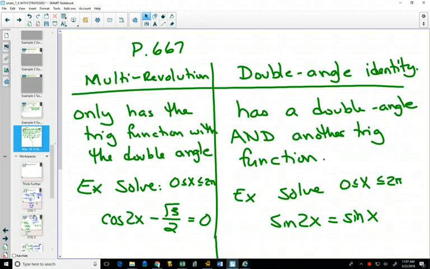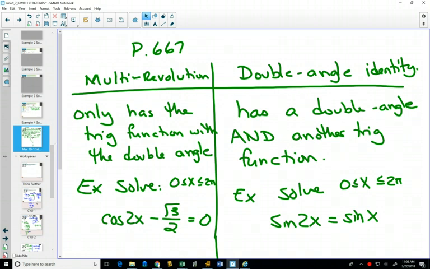They've been multi-revolution questions. But there's going to be some cases where you have to use the double angle identity instead of the multi-revolution. And so what this part in our notes does is explain the difference. When do we know it's a multi-revolution question and should solve it that way? And when do we know that we should use a double angle identity and change things?